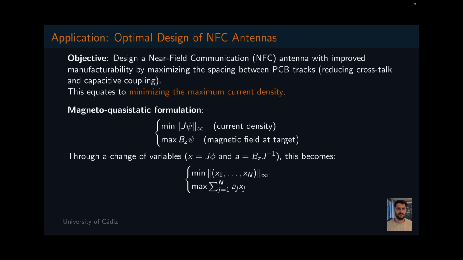Using a magneto-quasi-static formulation, our goal is to minimize the infinity norm of the current density Jc, while simultaneously maximizing the magnetic field B sub Z at a specific target location. Through the exact change of variables we discussed earlier in Proposition 1, this messy physical problem transformed perfectly and cleanly into our standard Problem 2.